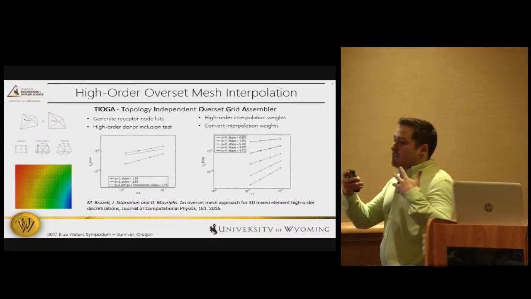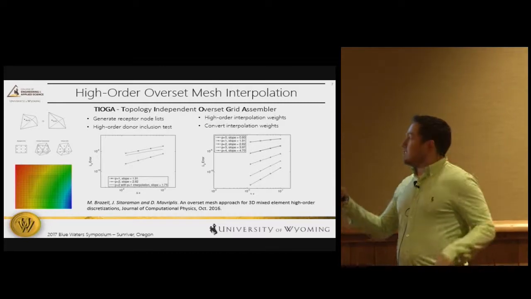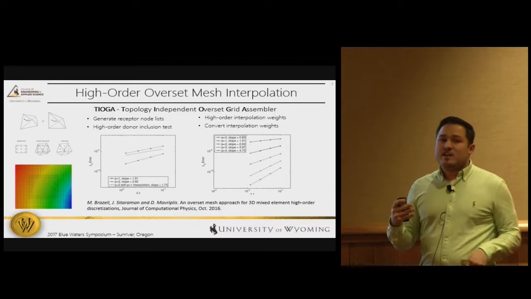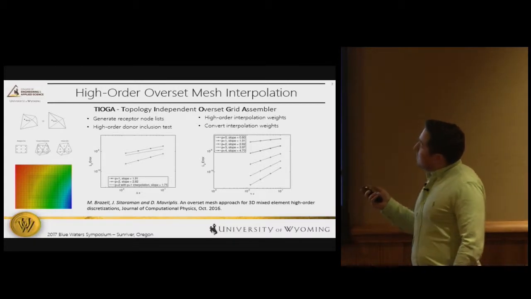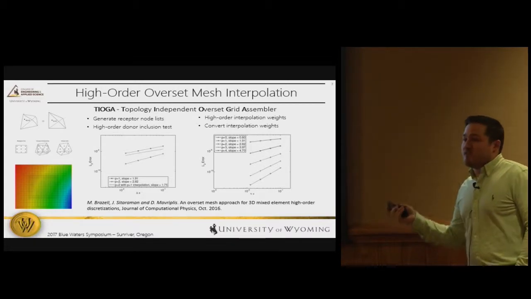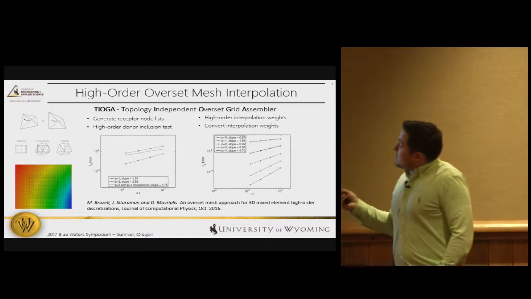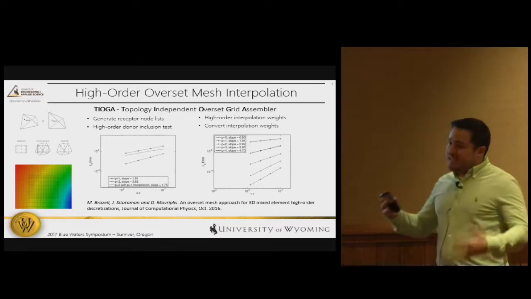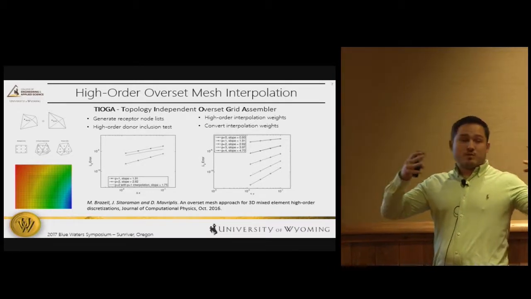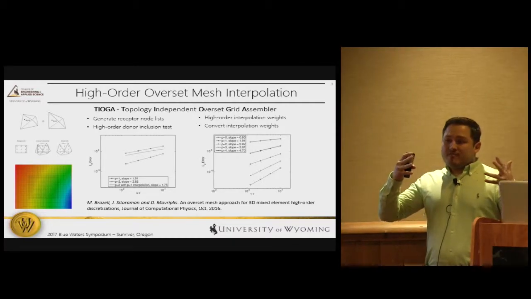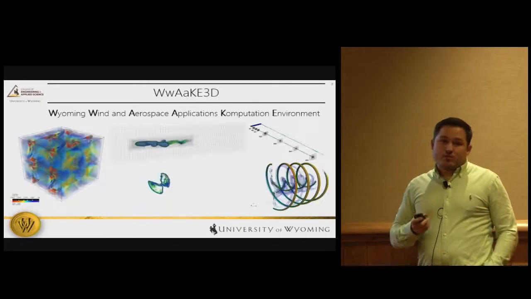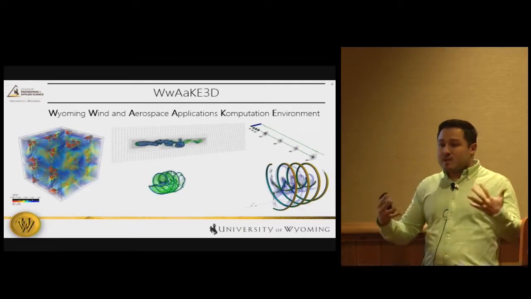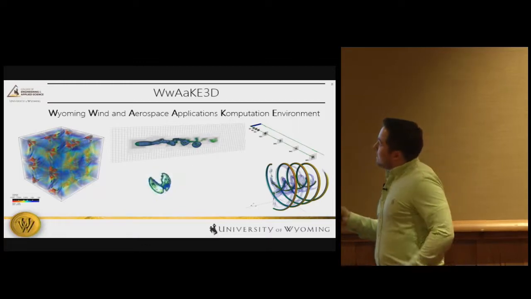So now that we have the two solutions on the meshes, how do we actually exchange the data? We did this through an overset assembler code called Tioga, developed by Jay Sitaraman, whom I mentioned before. He worked on taking multiple meshes, with different mesh types, different element types, and different solution orders, so we actually have to do the interpolation between orders correctly.